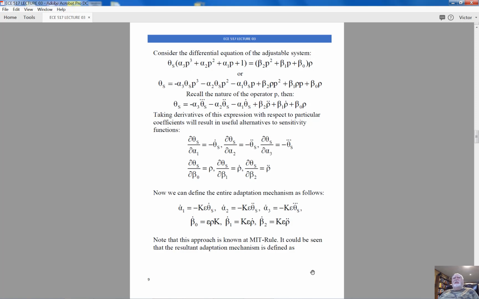The initial discrepancy between parameters of the adjustable system and reference model should be really very small, and then this approach will work. I will consider with you a different modification of this approach. I am not a big fan of the MIT rule. Sorry.